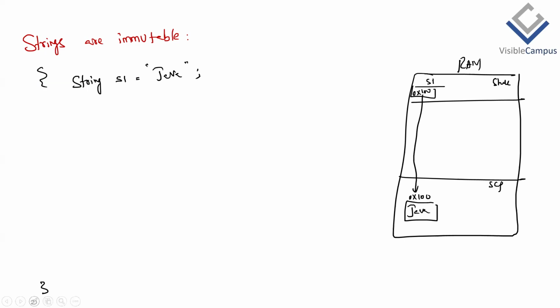Then, to this S1 object, I will perform the concatenation operator. The plus symbol is nothing but concatenation on strings. I'll add something: "Java is robust". I'm storing this result back to the same variable S1, which is already declared as string type.